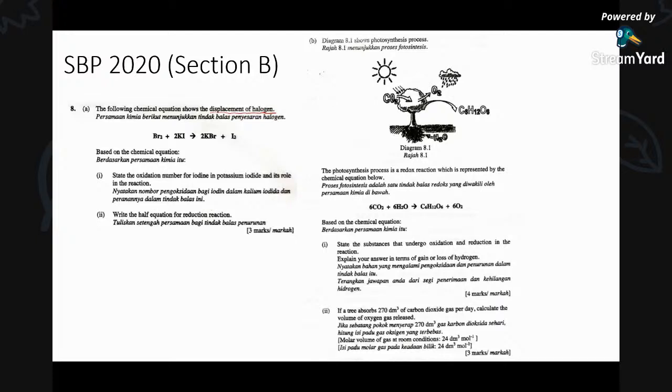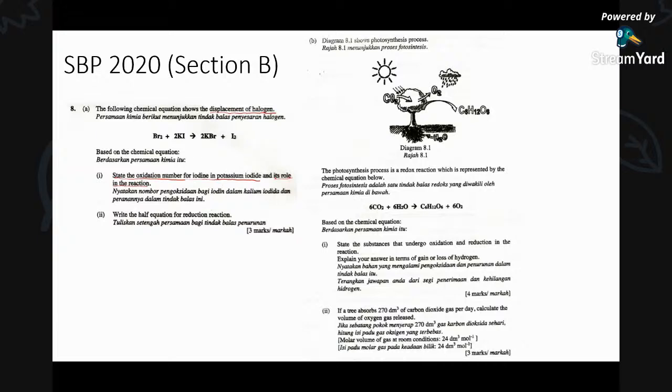So based on the chemical equations, state the oxidation number. So must read the question carefully. What are the things that they ask? First, state the oxidation number for iodine in potassium iodide. Second, what is the role of this iodine in the reaction?